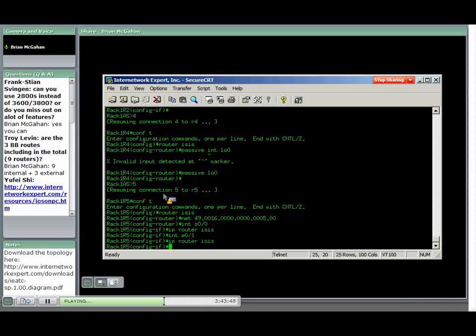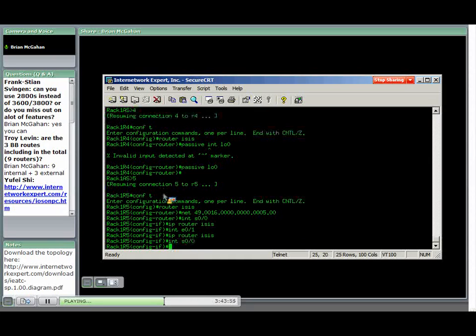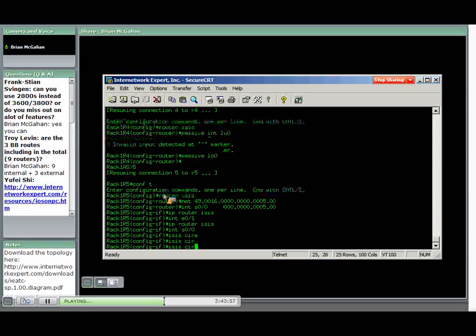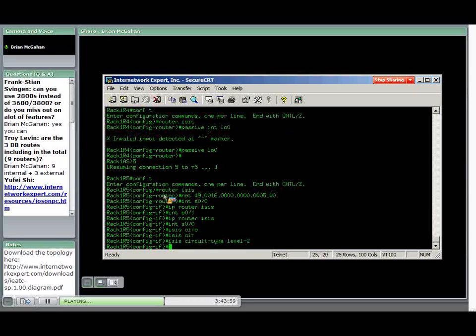Okay, so we define the IS-IS process, configure the NET address, and then enable IS-IS on both of the interfaces. Now, if we look at the debug output here, what we would see is that we're sending both level 1 and level 2 adjacencies out both of these interfaces.